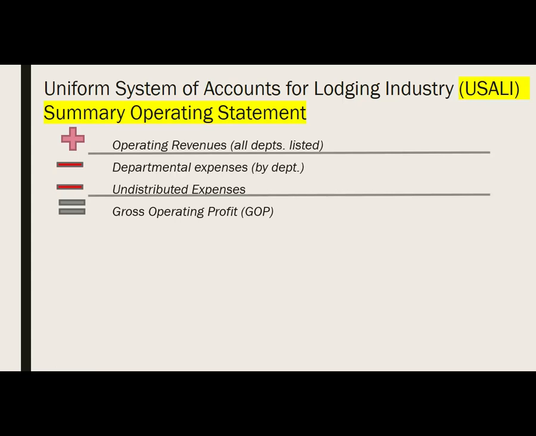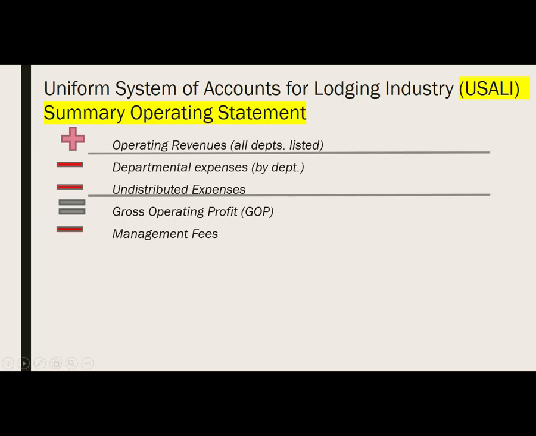Same thing with the administration. You still need administrators to run the hotel on the back end. How do you decide how much of that expense should go towards every single department? So we include it in our summary operating statement as an undistributed expense because you can't really allocate it to a specific department. So when we take these two away from our operating revenues, we are left with our GOP, our gross operating profit.